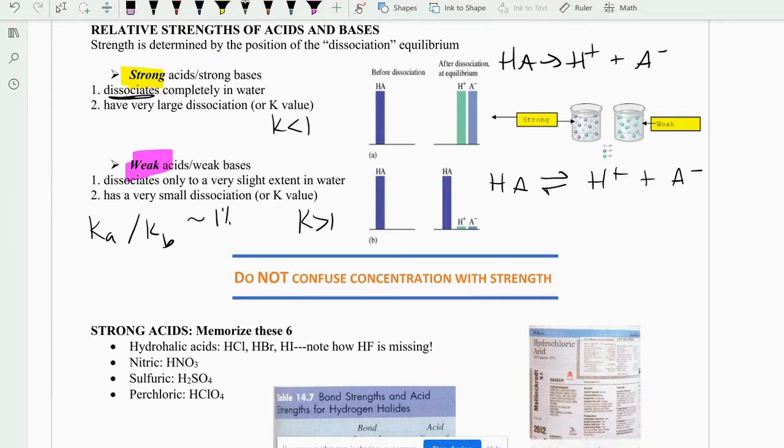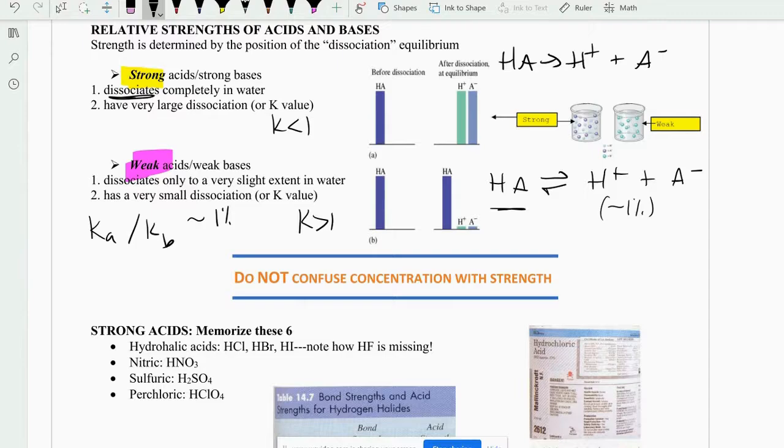One more time, a strong acid and a strong base is going to almost, not quite, 100% disassociate into its ions. And a weak acid and a weak base is going to do just the opposite. Again, basically about 1% of the weak acid or base will really only separate into its ions. So it's necessary to have that double arrow because most of our substance is still intact.